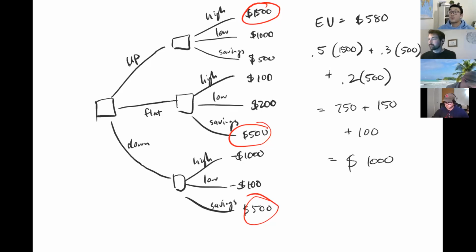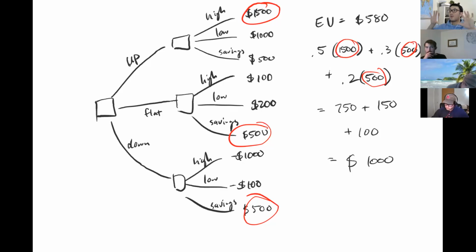Okay, so basically this means 50% of the time we know that's going to be high. 30% of the time I know it's going to be flat, and 20% of the time I know it's going to be down. And if in each of those cases I'm allowed to pick my best outcome, which is these, right?